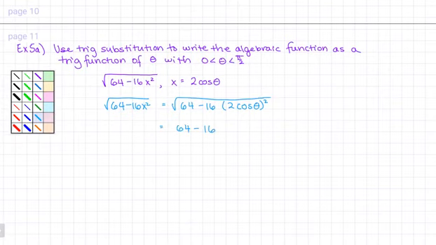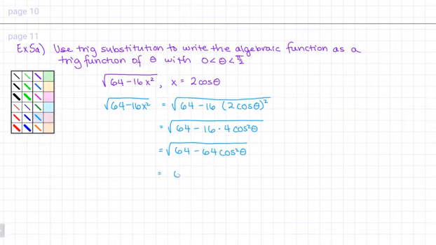So 2 cosine theta squared is going to be 4 cosine squared theta. Still multiplied by 16 though. And 16 times 4 is 64. But I do have a 64 that I can factor out. So if I factor out the 64, then I'm left with 1 minus cosine squared theta.